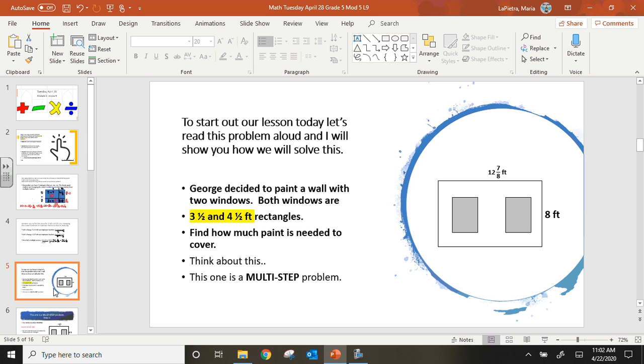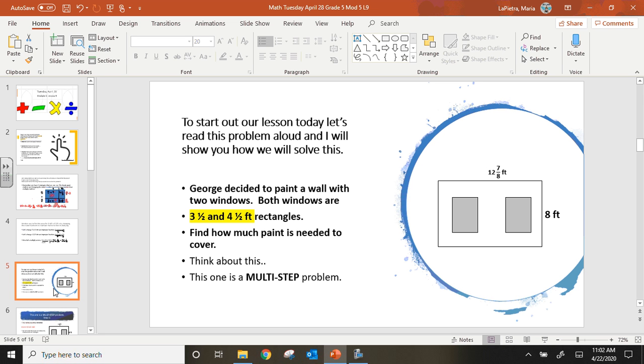Okay, so to start our lesson today, let's read this problem aloud and I will show you how we will solve this. Keeping in mind that our target is using these past lessons and the two specific methods that I just went over to make sketches, label them, and find out how to get an answer.